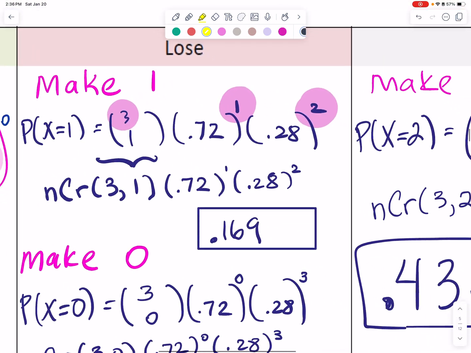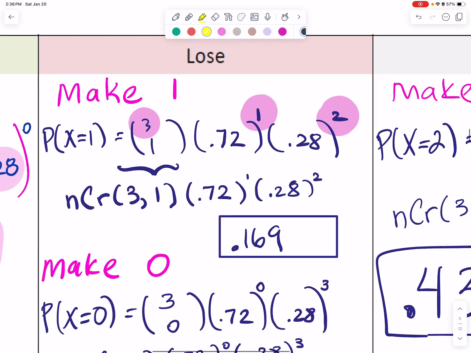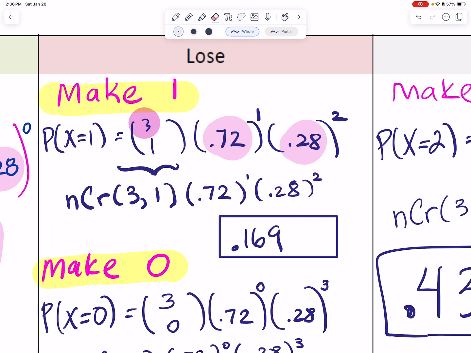This next one shows losing, and to lose, I either make 1 or I make 0. So I'm going to do the make 1 first. So again, these 3 things are not going to change. And of course, I'm going to do 3 choose 1, so that means 3 attempts, I made 1 shot. So that means I have a 72% chance of making 1.